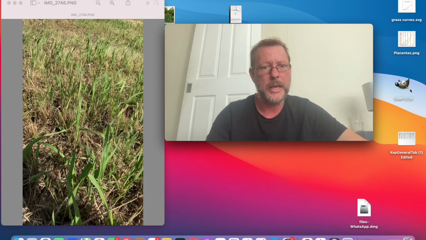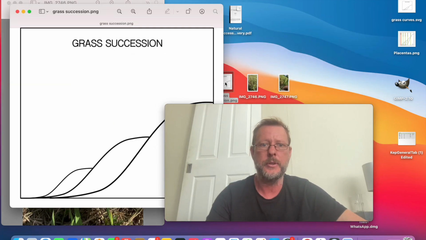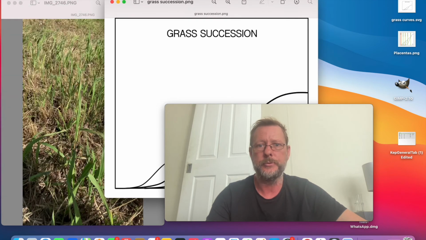These tall blades, they are the higher succession species.